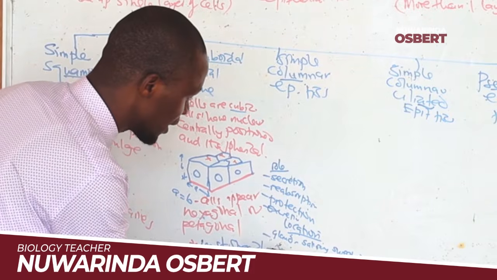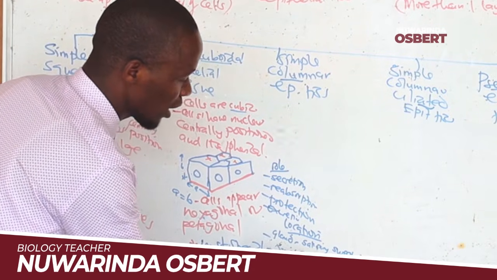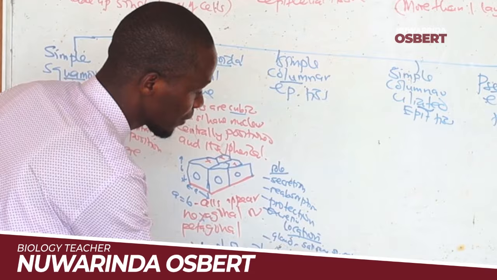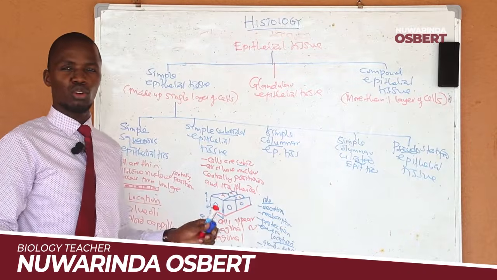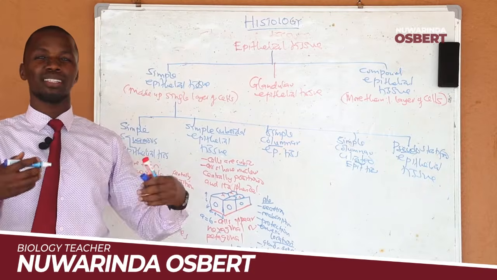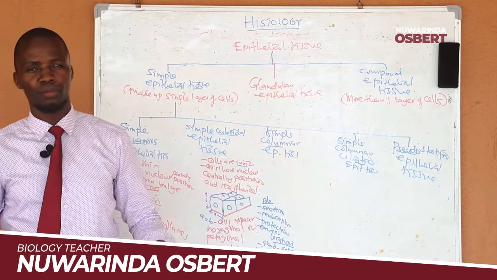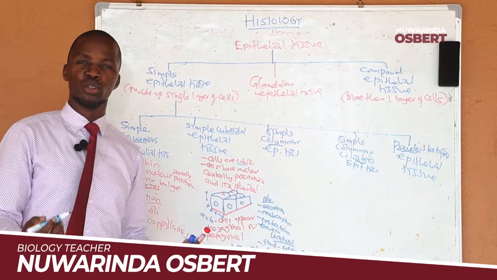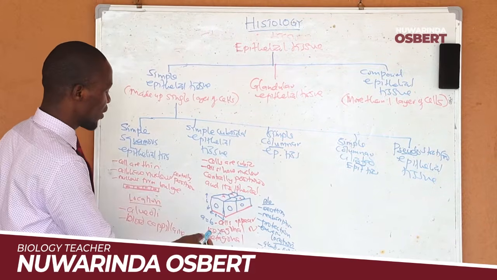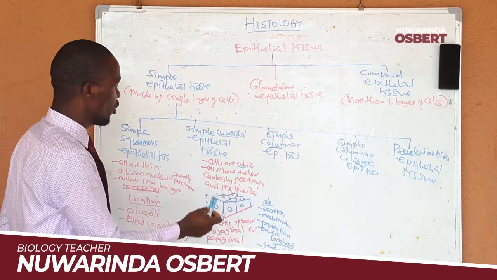Then, they are also found in ducts, such as the pancreatic duct. We also have the collecting duct within the nephron. We also have the convoluted tubules of the nephron. All those areas have the simple cuboidal epithelial tissue.